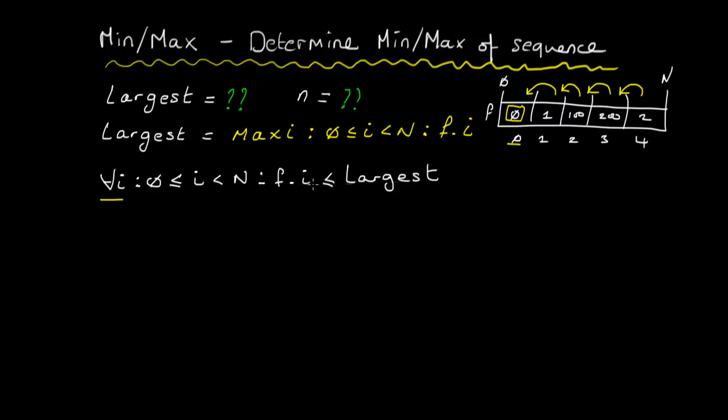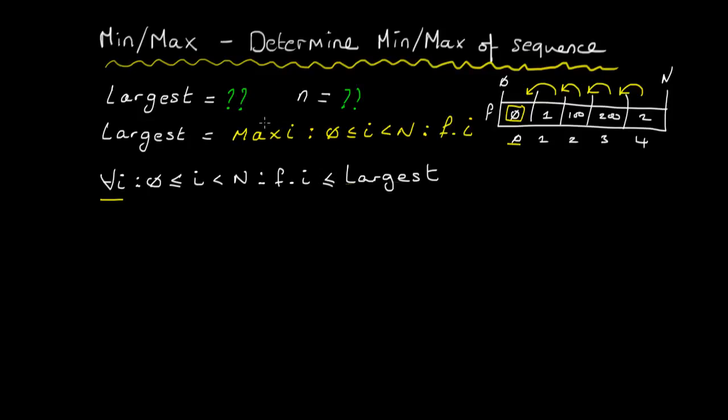So if it was to find the smallest value in the array, then f dot I would be greater than or equal to smallest, or something like that. It's really this symbol that changes, and possibly the name of your variable. That's what would change depending on whether it's a max operation or a min operation.